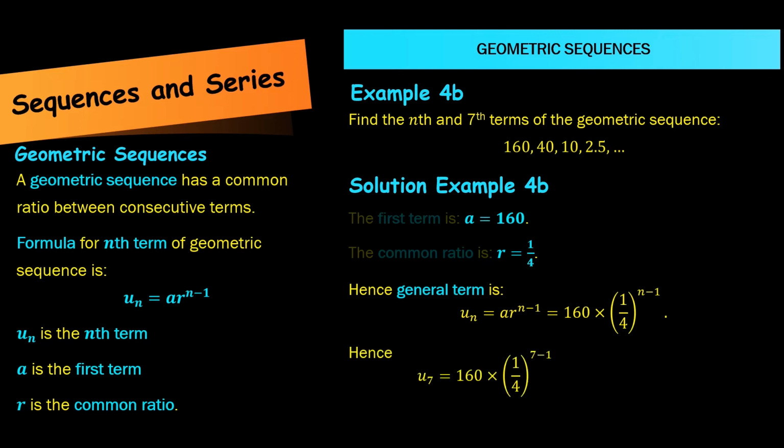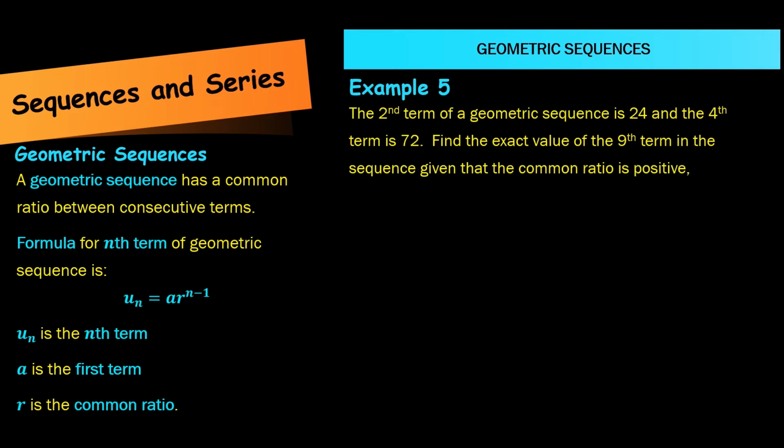And therefore, u subscript 7 is equal to 160 times a quarter to the power 7 minus 1, which equals 5 over 128.